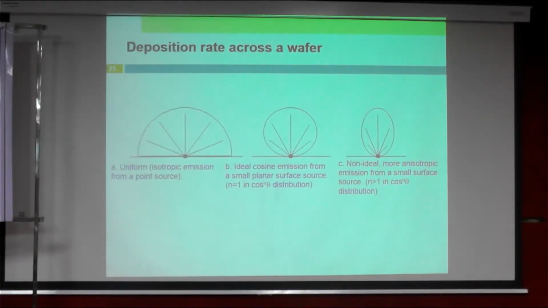So this is another example, uniform isotropic emission from one point. This is how you can perhaps get more homogeneous thickness. Okay.